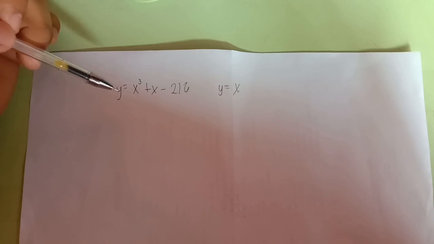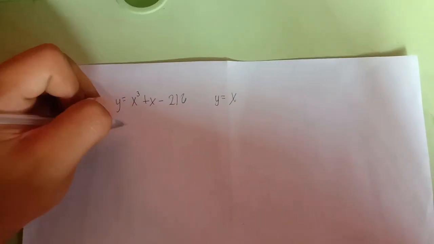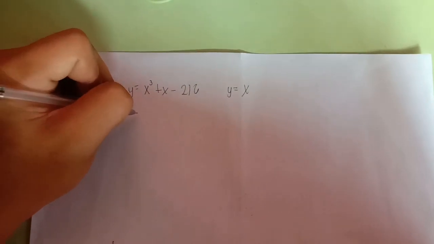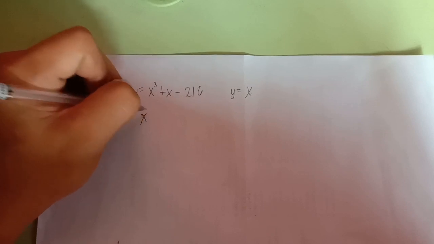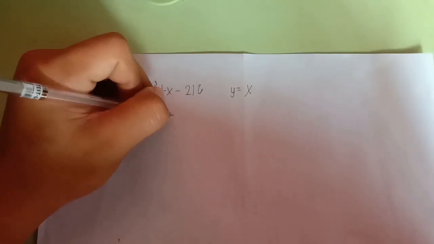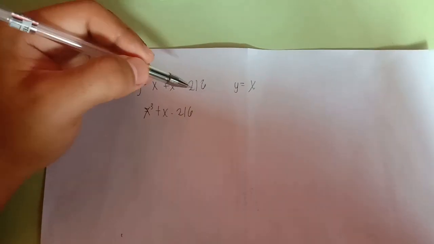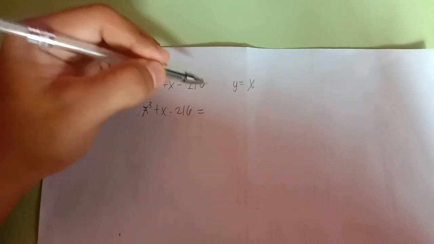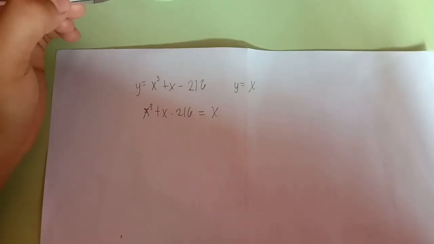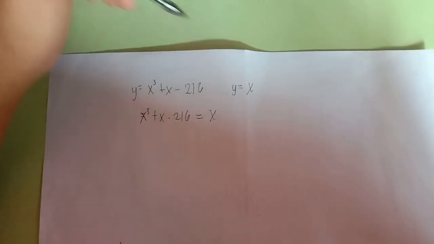So how are we going to equate? Since y equals x, it will be x cubed plus x minus 216 equals x.